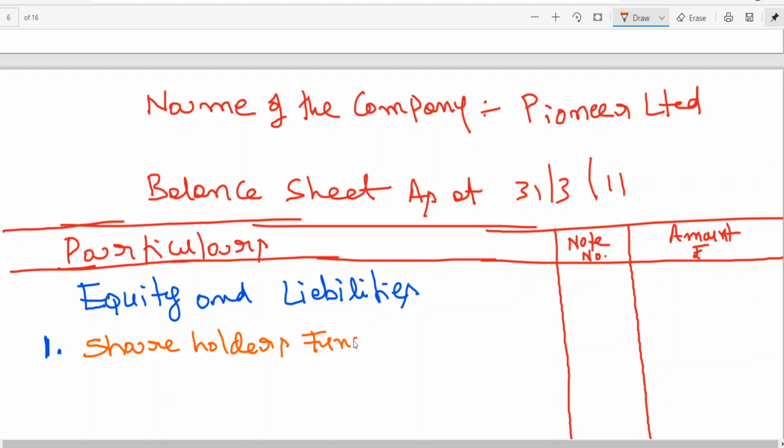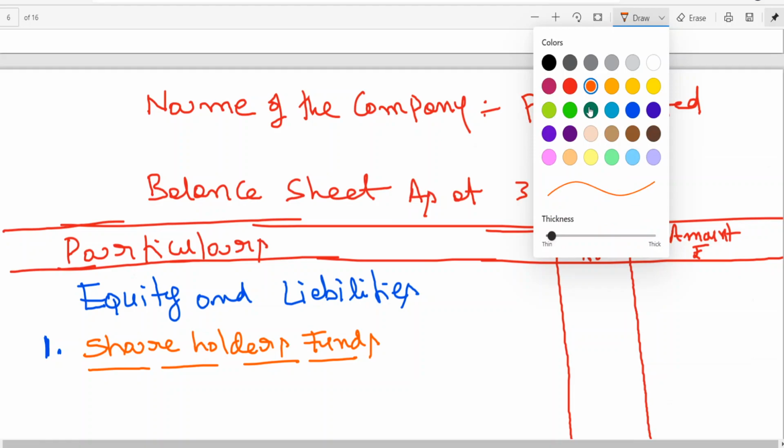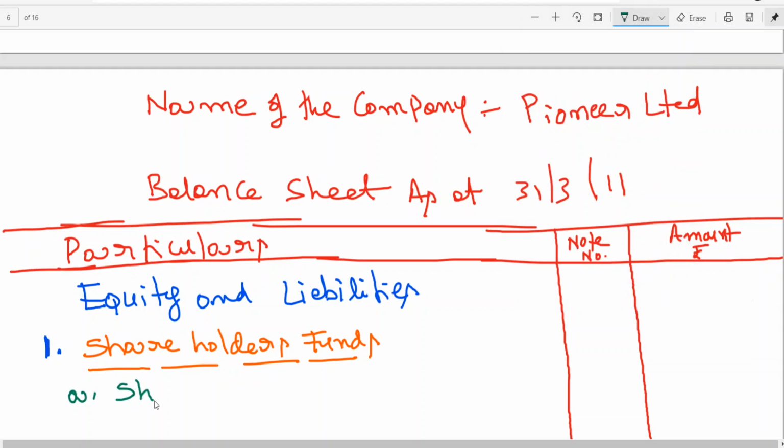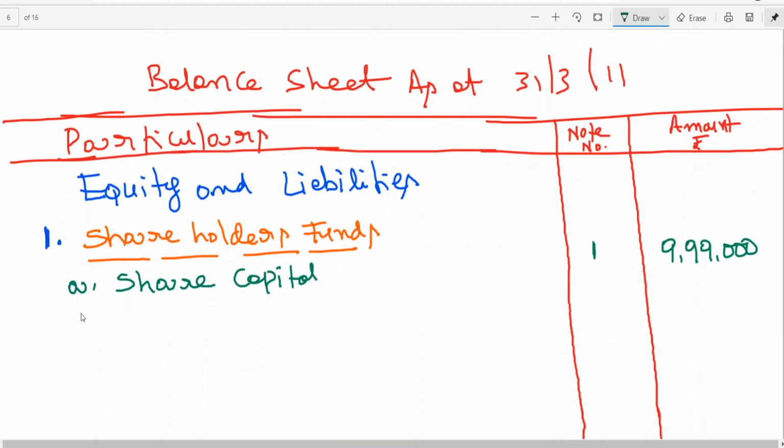Under that, the major heading is shareholders funds. In this, first I am writing share capital. This is a subheading. We have already learned note number 1. We got 9,99,000 share capital.